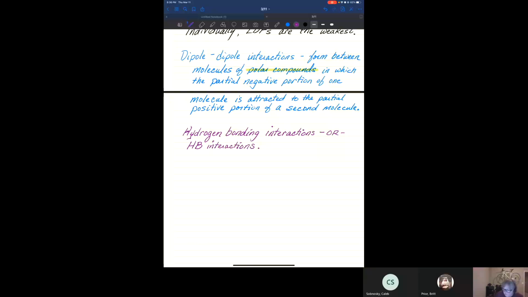Hydrogen bonding interactions, or these HB interactions, it's a special case of dipole-dipole.